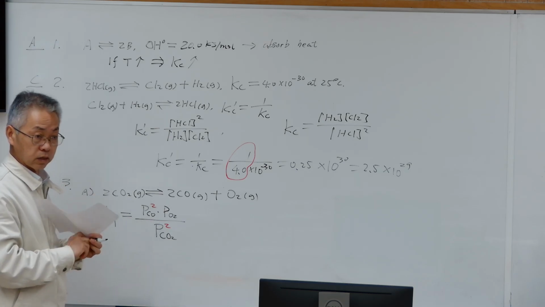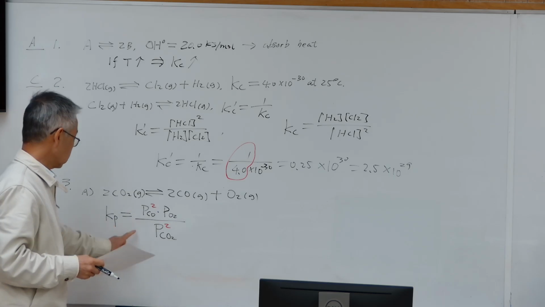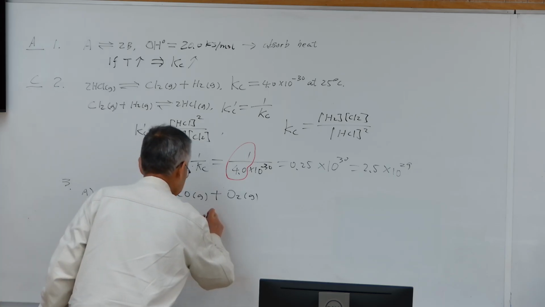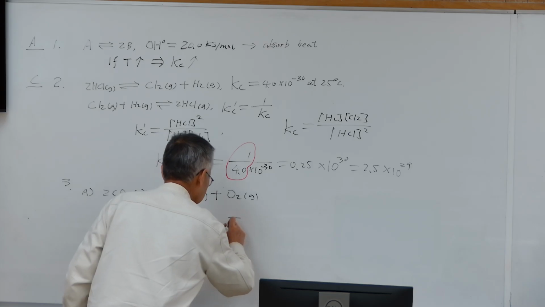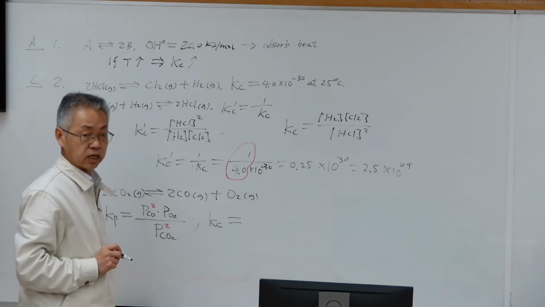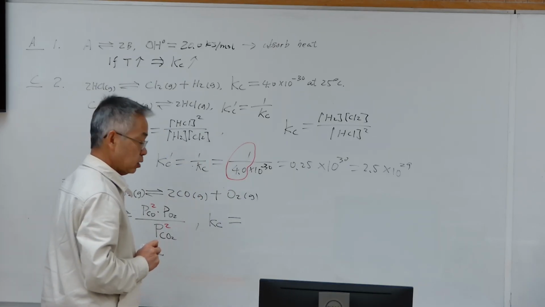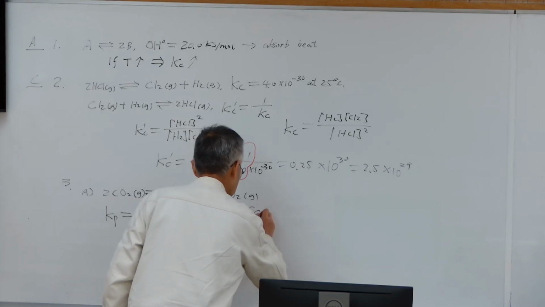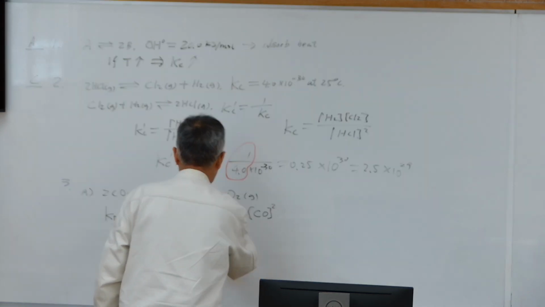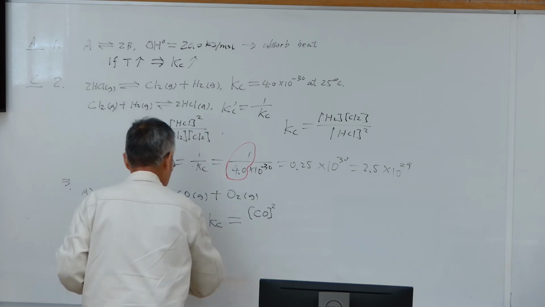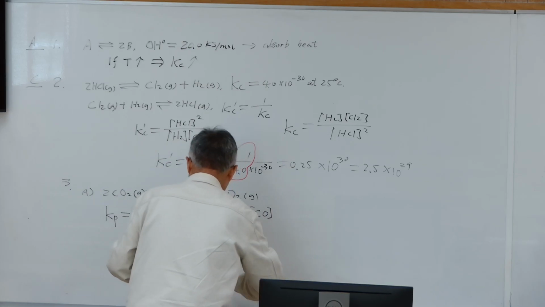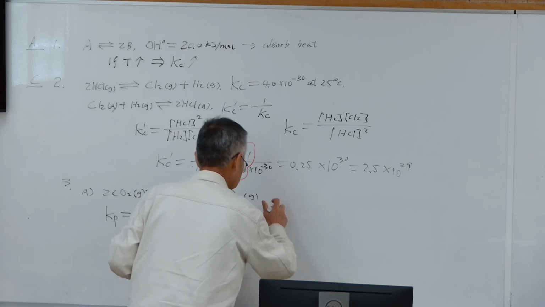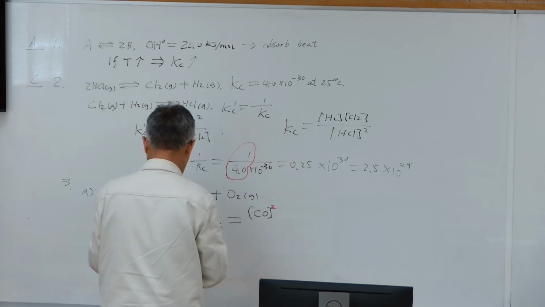This is Kp. That means we use pressure to express the equilibrium constant. Then what is Kc? This is so easy. You just use concentration instead of pressure. The formula is very similar. So for the CO, raise it to the second power because you have 2 in the balanced equation. So CO concentration is raised to the second power.